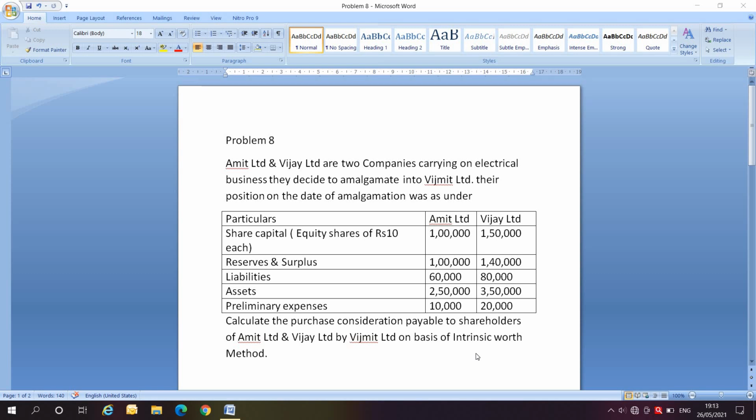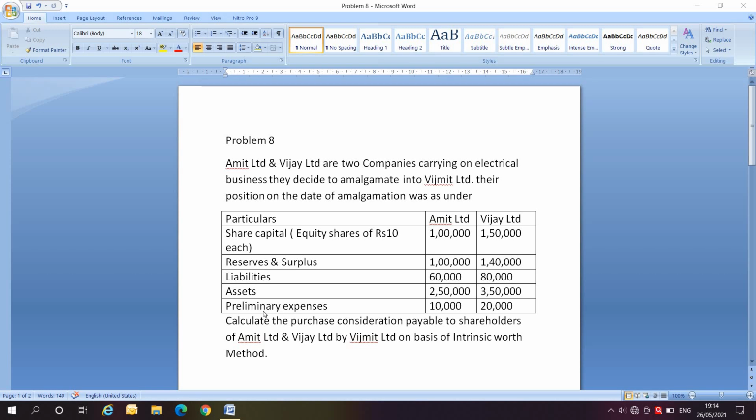So first we have to calculate net assets. To calculate net assets, we have to consider the assets and liabilities. Why are we not considering share capital, reserves and surplus? Because these belong to the shareholders. While calculating net assets we make use of only assets and liabilities.